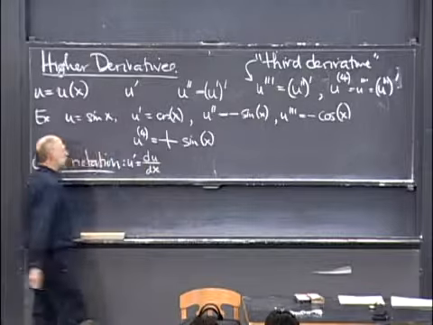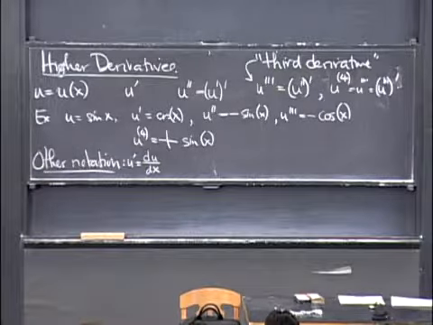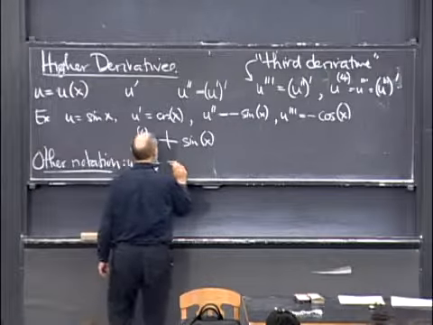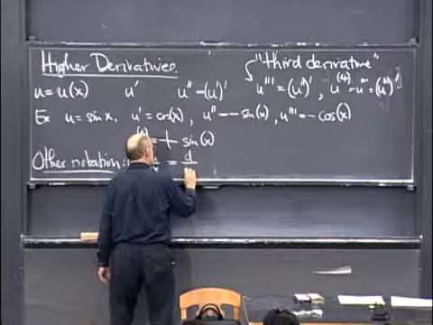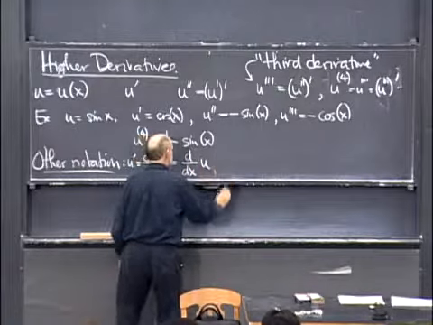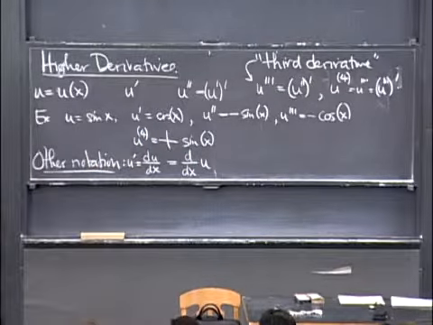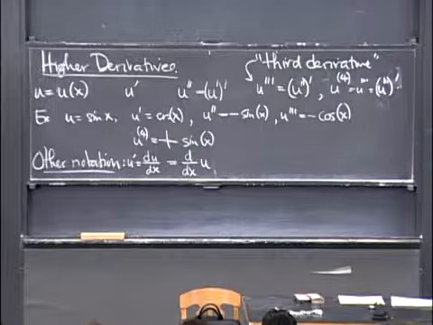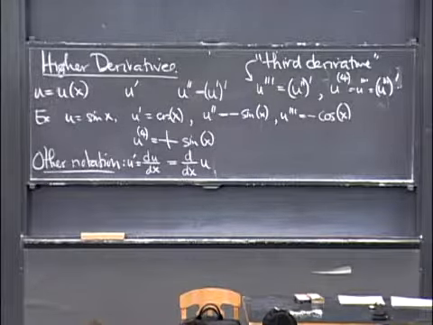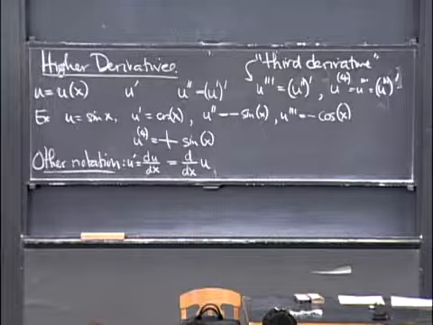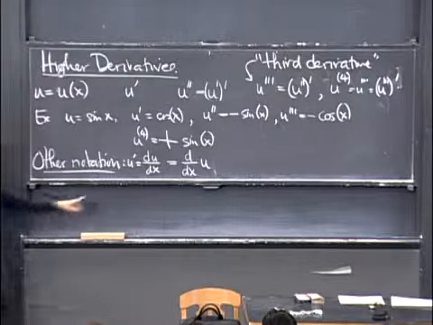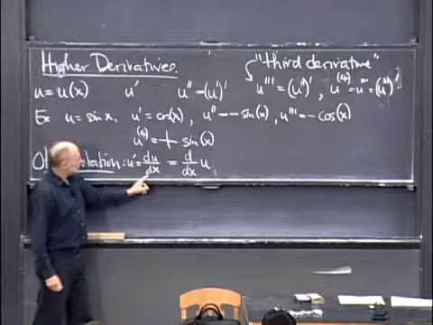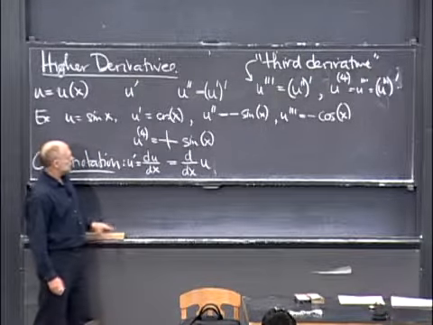U prime also could be denoted du dx. I think we've already used this way of rewriting today. When I was talking about d dt of uv and so on, I pulled that d divided by dt outside and put whatever function you're differentiating over to the right. So that's just a notational switch. It looks like good algebra, doesn't it?